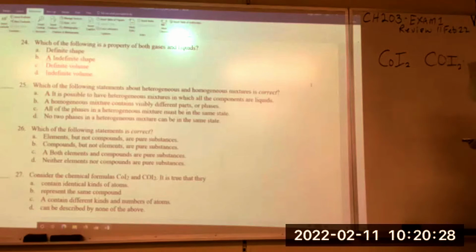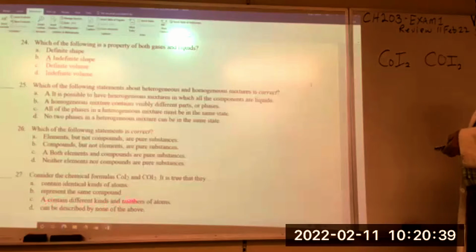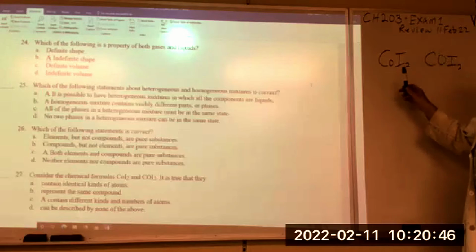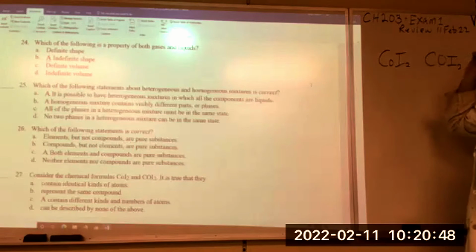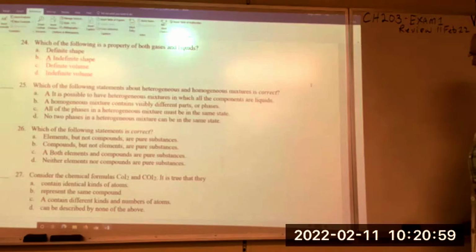So that's false. "They represent the same compound." Well, obviously not. They can't have different atoms and be the same compound. "They contain different kinds and numbers of atoms." Yeah, that's true. So that's why it's important to write your elements correctly. I've had students claim that this is cobalt and this is iodine, but it's not. And many tears were shed.